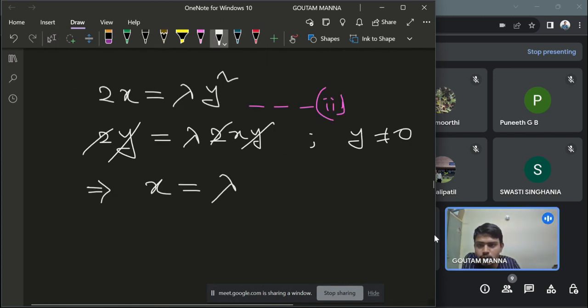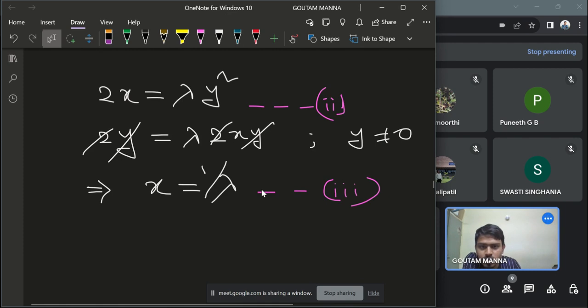So if x equals lambda, let me call it equation 3. Then this x value, x lambda equals 1, so x equals 1 by lambda.